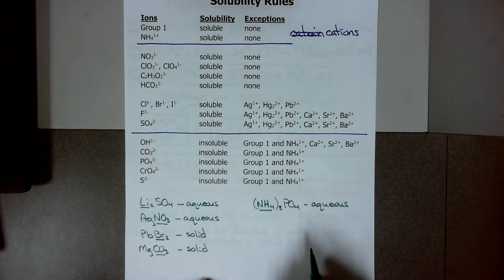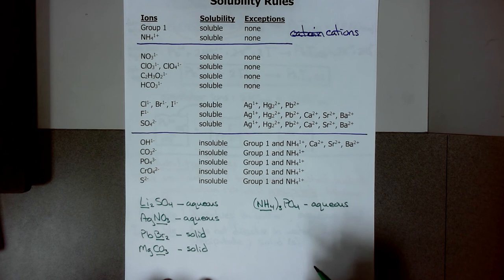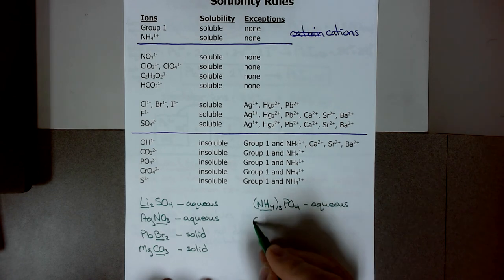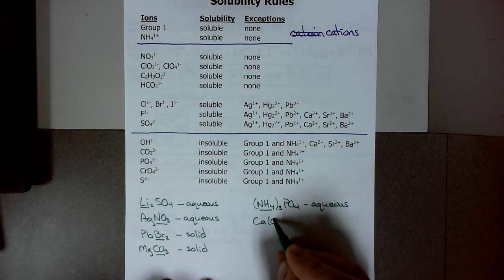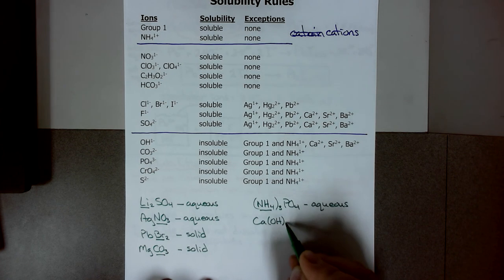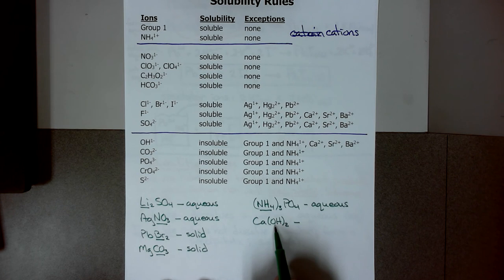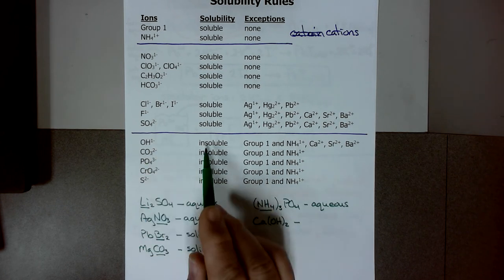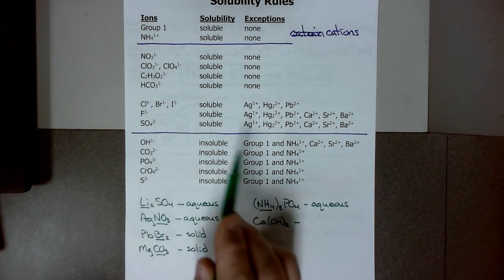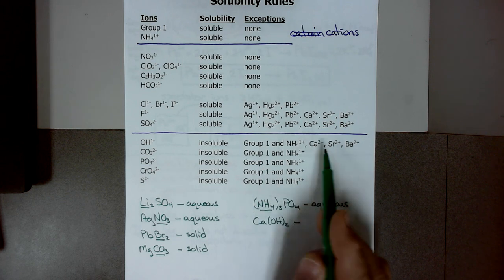And then just one more. Let's say I have calcium hydroxide. Now I look at my hydroxides, and all hydroxides are solids or insoluble unless it's got group 1, ammonium, calcium, strontium, or barium.